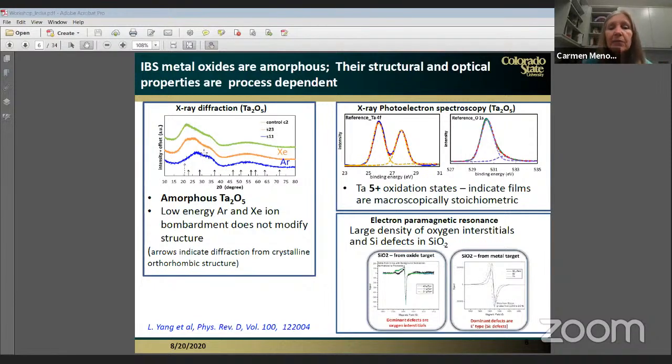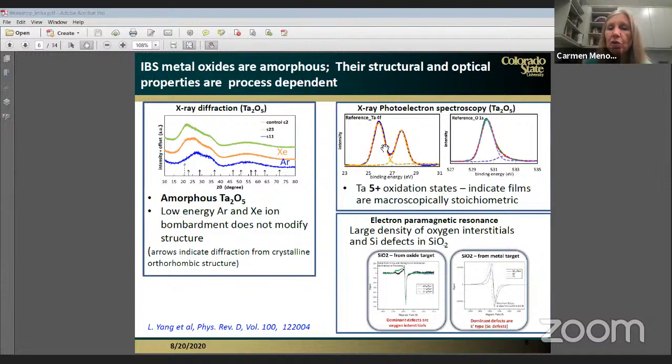What you see here are traces of the X-ray diffraction pattern, the diffractogram of tantalum pentoxide that was grown with different conditions. And because we see these broad peaks, we said, okay, this is a material that is amorphous.